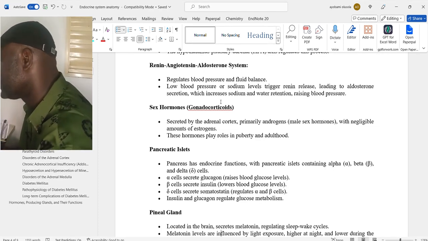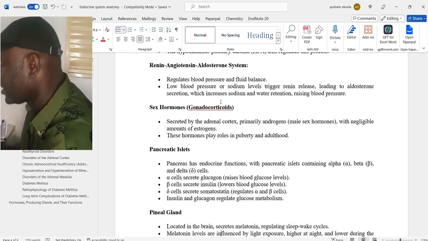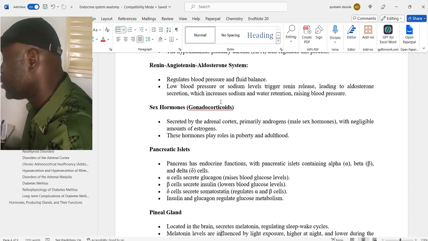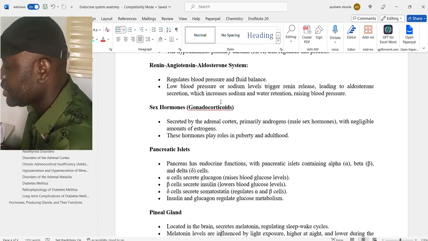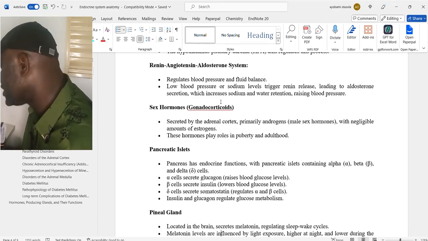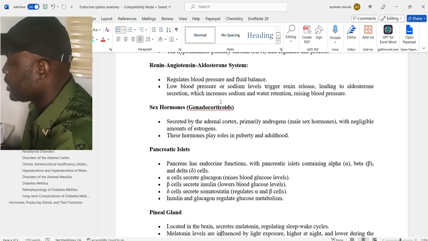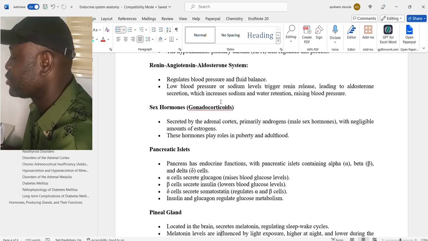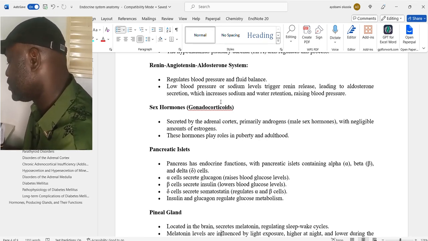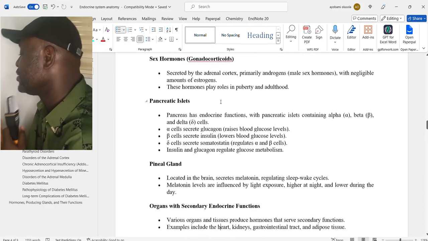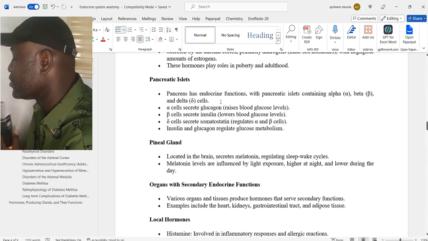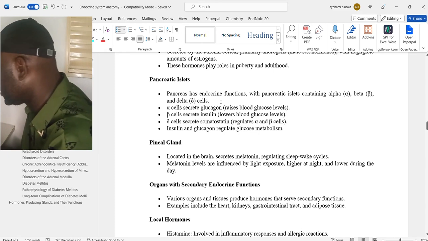The alpha cells secrete glucagon, and this glucagon raises blood glucose level. The beta cells secrete insulin. Insulin lowers blood glucose level. And the delta cells secrete somatostatin, which regulates both alpha and beta cells. Insulin and glucagon regulate glucose metabolism. That's what they do.